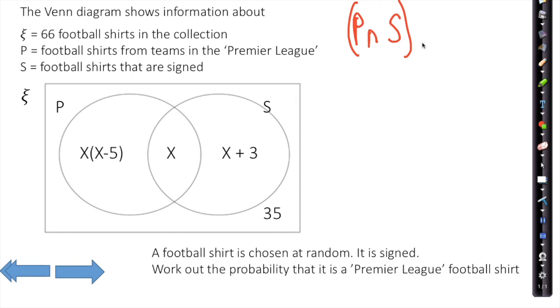That symbol is the intersection. It looks like an N, but it's that symbol there. What it actually means is the bits that overlap. P ∩ S, the intersection of P and S.